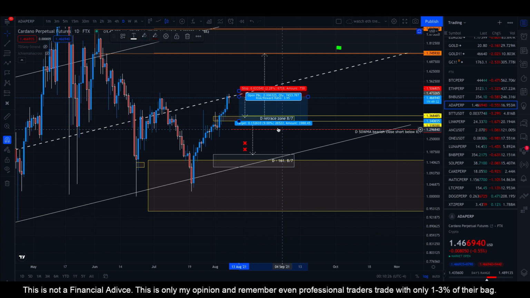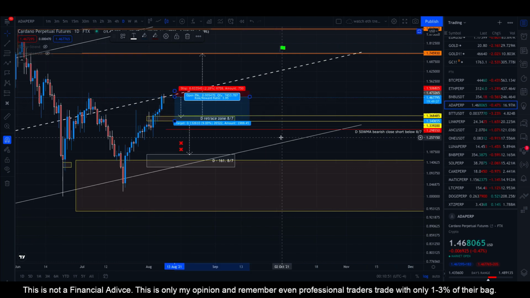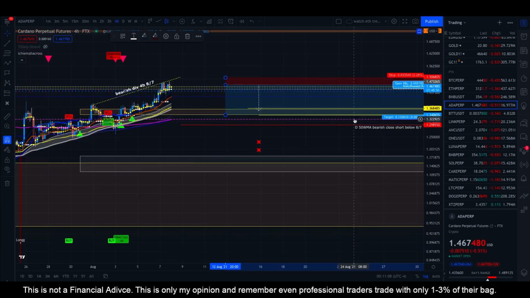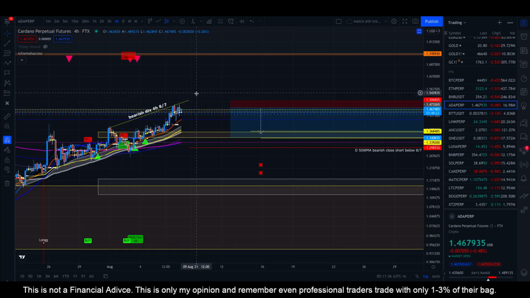Your stop loss would be somewhere above the mid level of the channel, and that's one scenario. The second scenario is that if on the 4-hour time frame we close above this yellow line where we have two touches, it's not very strong.